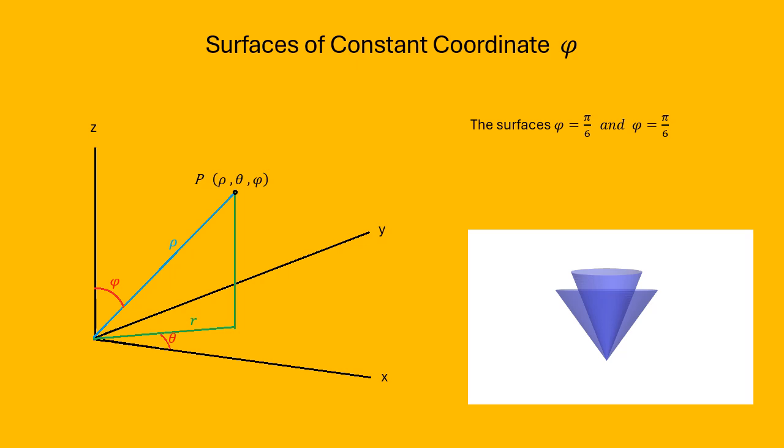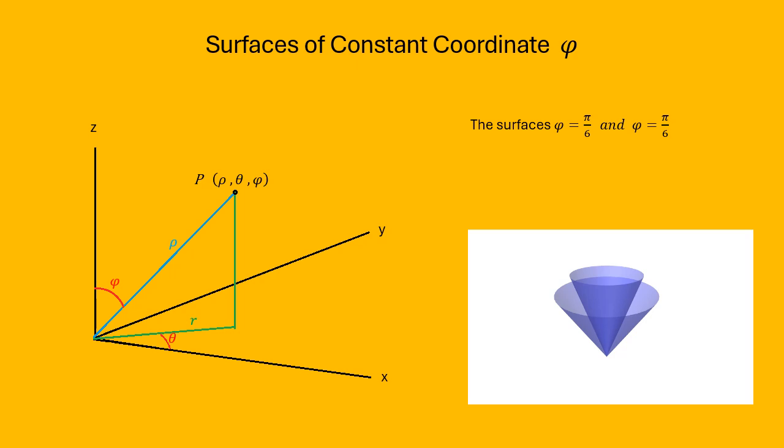So every point on this narrow cone has a spherical coordinate phi of pi over 6. Every point on this wider cone out here has a coordinate phi equals pi over 4. So these are surfaces of constant phi.